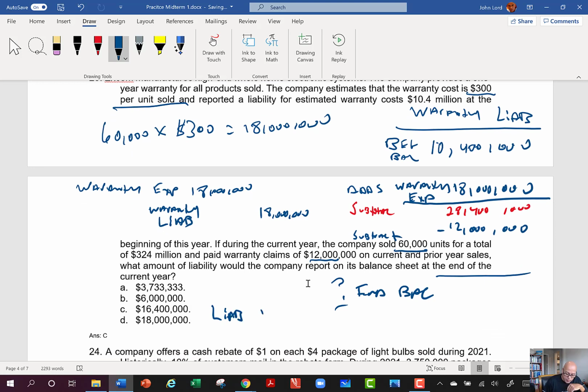They would have debited that account for 12 and credited the cash, or whatever, parts, whatever they're having to pay to fix this stuff. I'll just assume it's cash, $12 million that they're crediting. And so you end up with what?